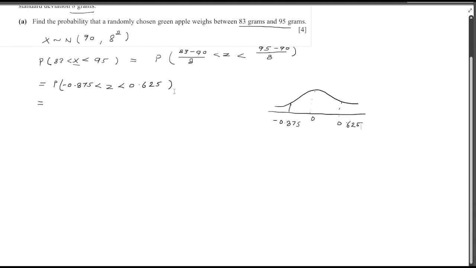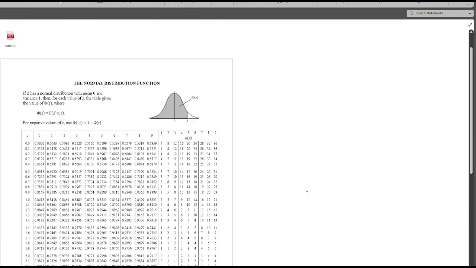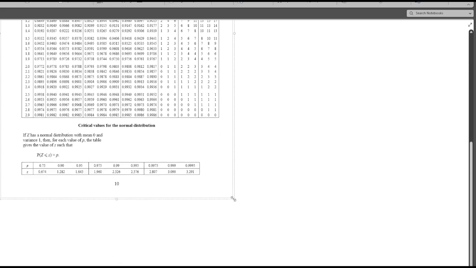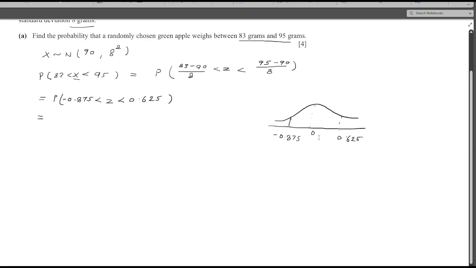Now I will look in the normal table. This is a normal table. Here I have to find z between these two values.